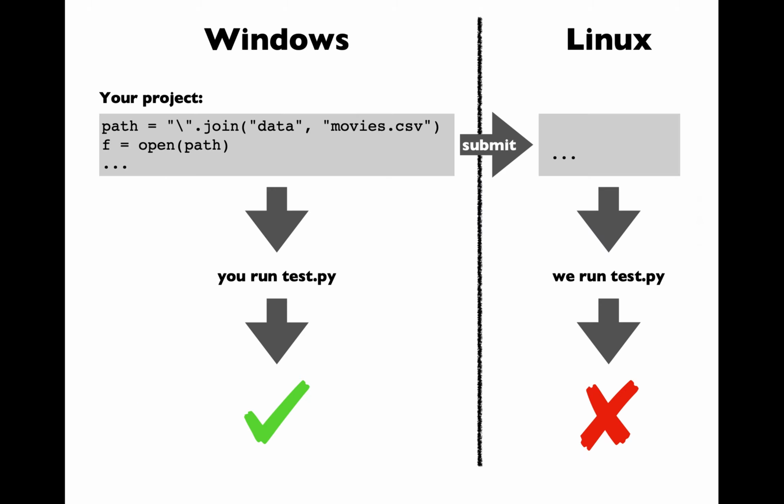Let me talk about what will happen if you do not use the os.path.join function within your project code. Let's say that you're writing your project code within your Windows laptop.